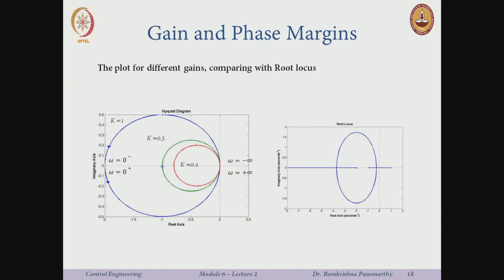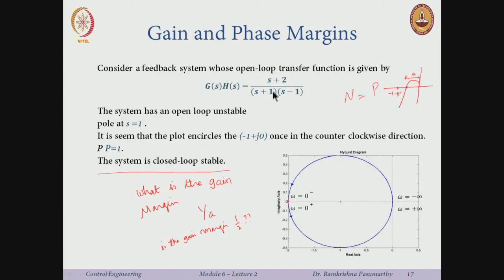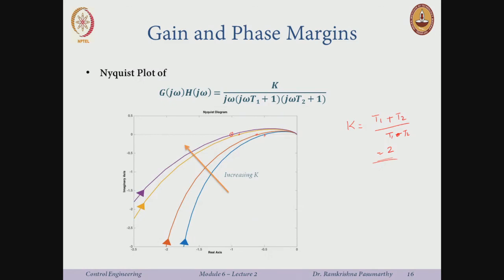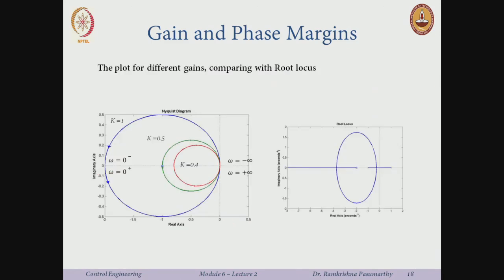If I start with a gain of k equal to 1, I am somewhere here. This is the original plot, s plus 2 over s plus 1 times s minus 1, with k equal to 1. For k equal to 1, N equals P, where P was equal to 1, so the system is stable because I am encircling the point -1 plus j 0.